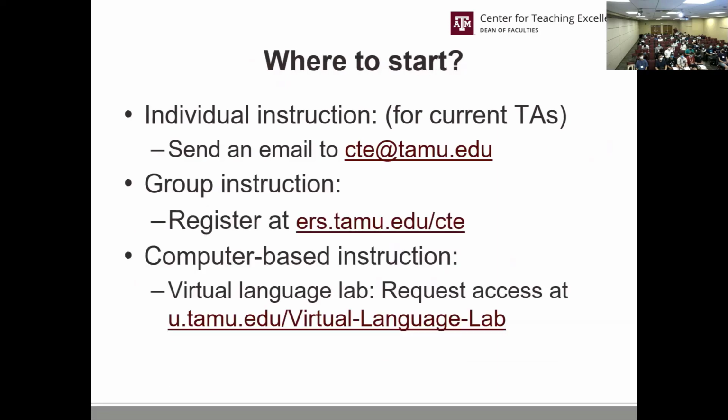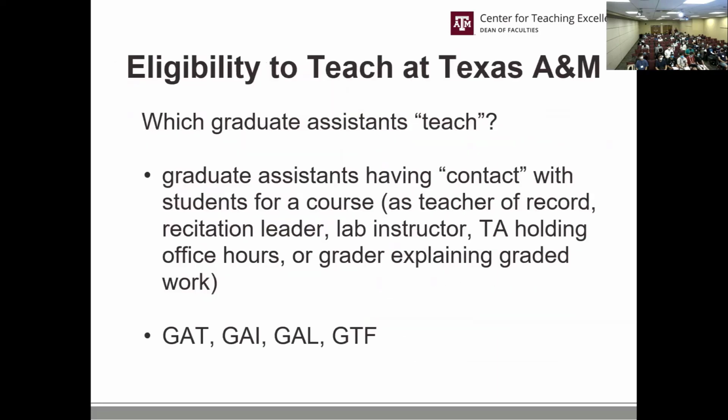Okay, so on to the eligibility to teach at Texas A&M. What does it mean to teach? By definition here, to teach is to have contact with students who are enrolled in a specific course for a grade in which you are a teacher of record or a recitation leader, leading a section that meets to digest the lectures that the professor gives, a lab instructor, a TA that holds office hours, or a TA that grades work and explains the grade to the student.